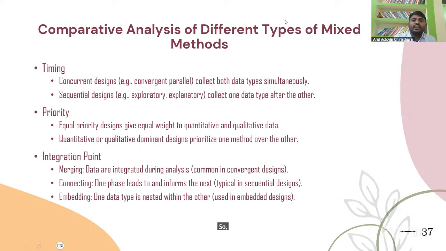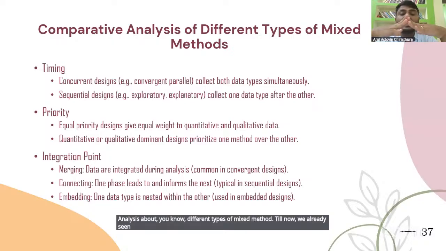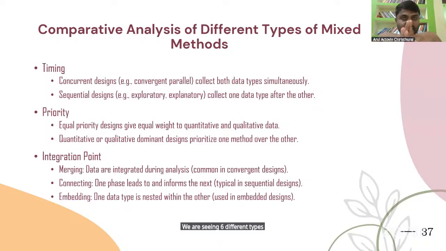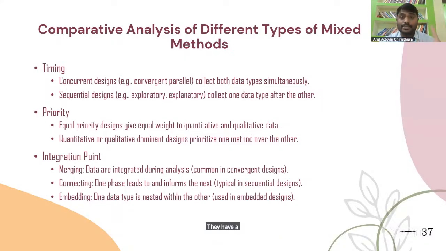So now we'll see the analysis of the different types of mixed method. Till now, we have seen 6 different types of research design. First, sequential explanatory design, then sequential exploratory design.